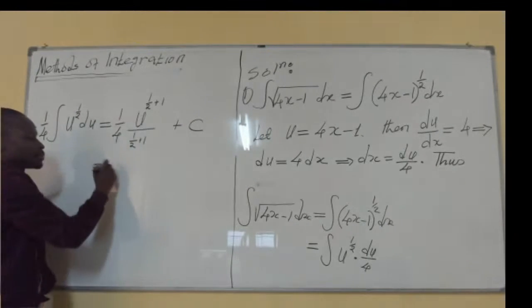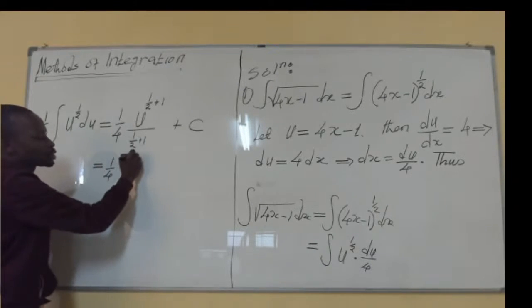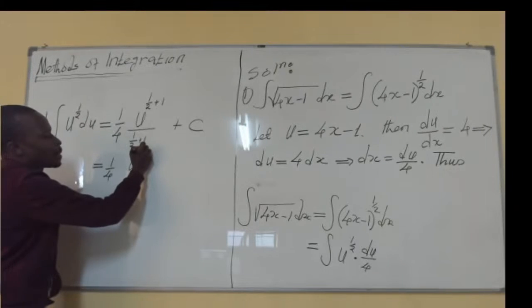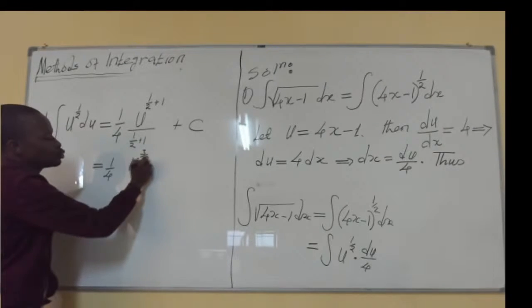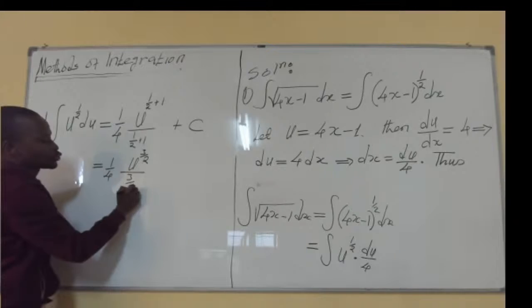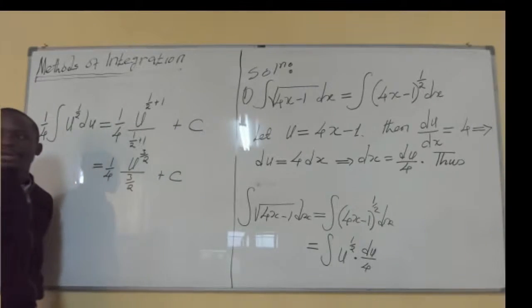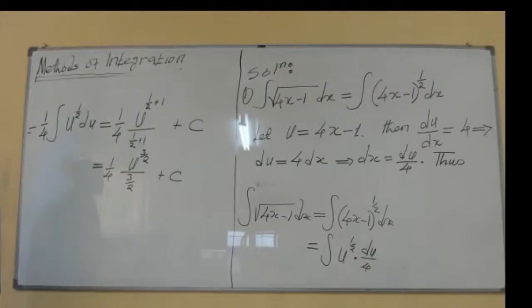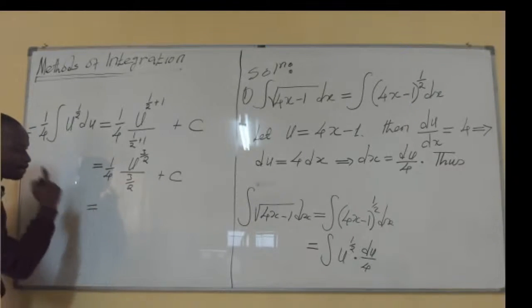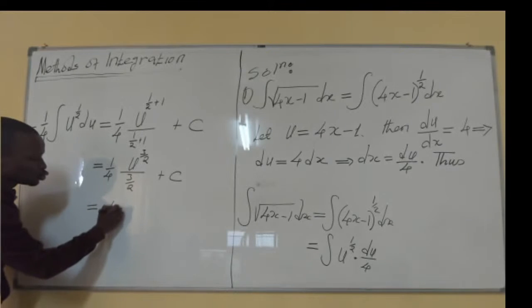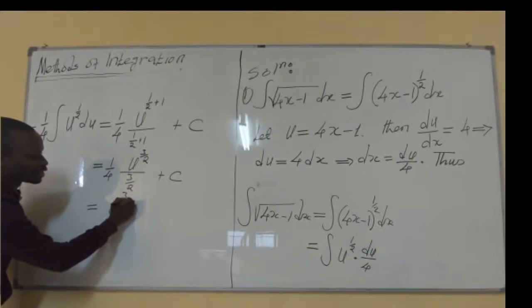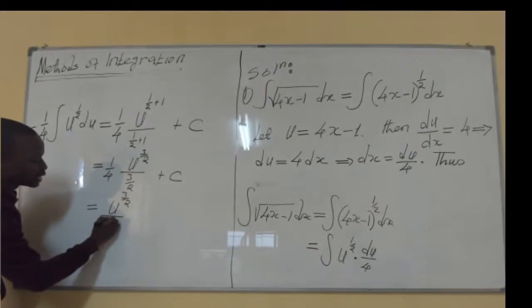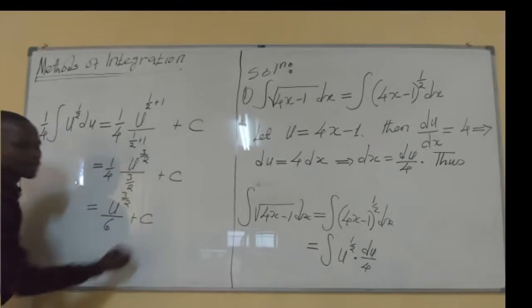When you simplify, you get 1 over 4 times u to the power 3 over 2 over 3 over 2 plus c. After simplification, what you're going to get is u to the power 3 over 2 over 6 plus c.